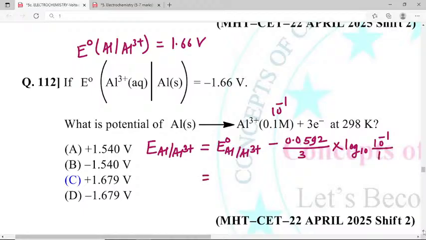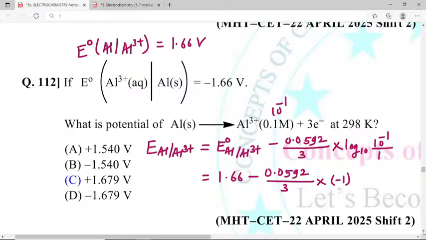So what is E naught here? 1.66 minus, so minus minus become plus. 0.0592 divided by 3 multiply by minus 1, log 10 to the base 10 value 1, so minus 1.